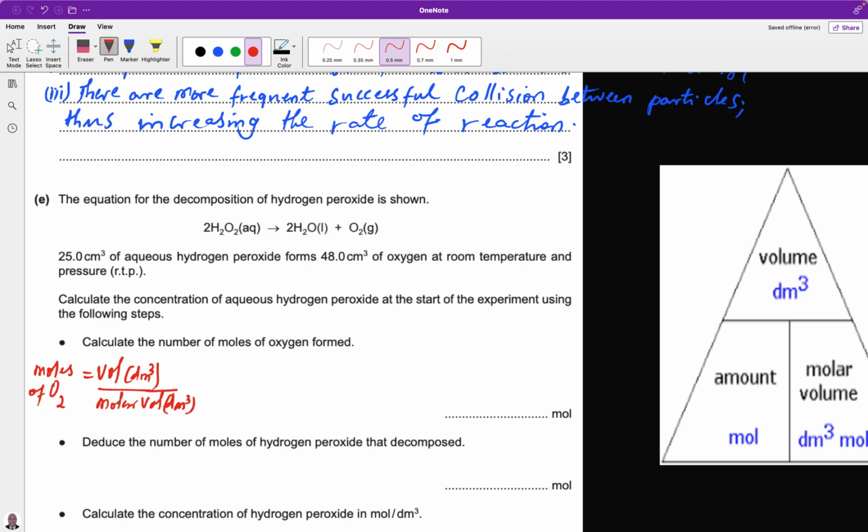And what is the volume of oxygen from the hydrogen peroxide?